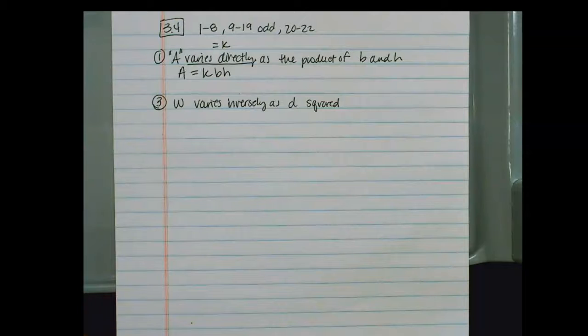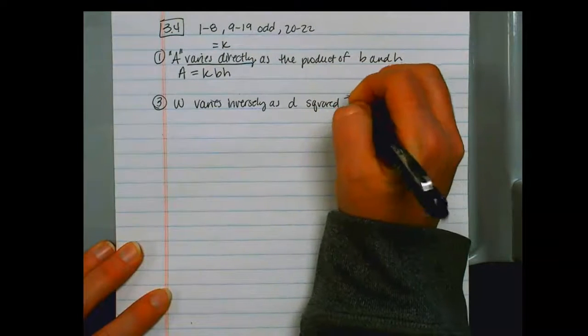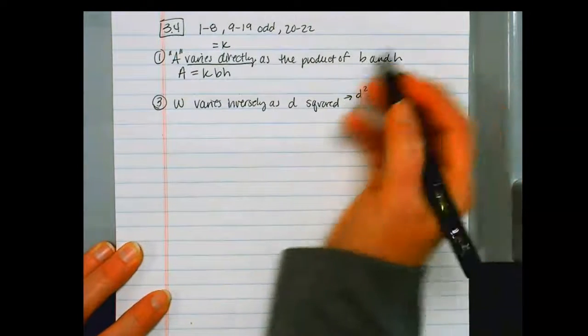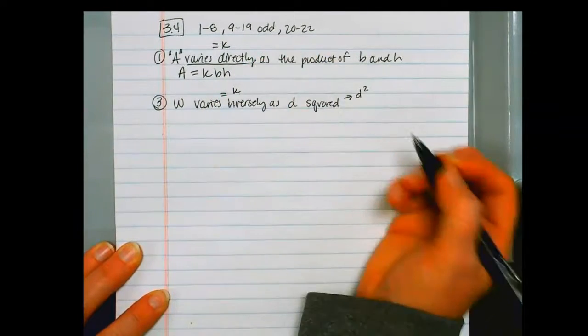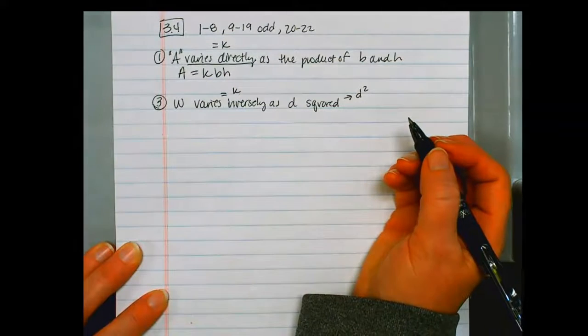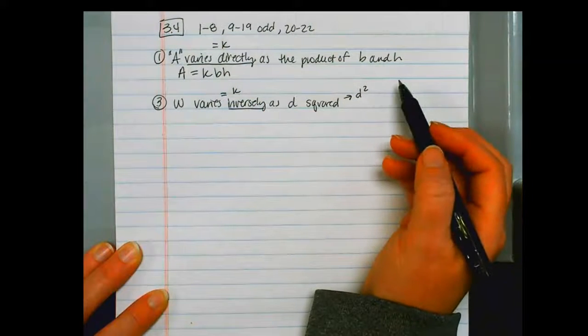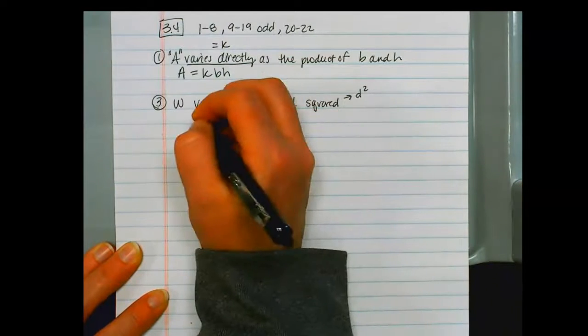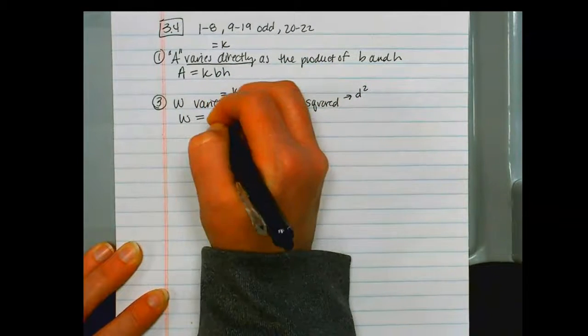All right, next problem. Y varies inversely as d squared. So d squared is obviously going to be d squared. Varies inversely means it equals the constant of variation, but inversely tells me that I'm going to put this information in the denominator. So I'm going to do this straight across.